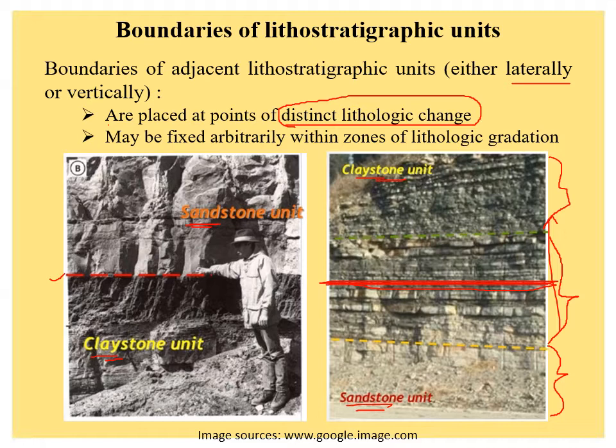Now, as there is no sharp boundary between these two litho units, if we divide the entire rock body into finer divisions, then you can plot three boundaries. You can separate out the lower portion as the complete sand rich unit, the upper portion as a complete clay rich unit, and an intermediate portion which is a mixture of sand and clay.